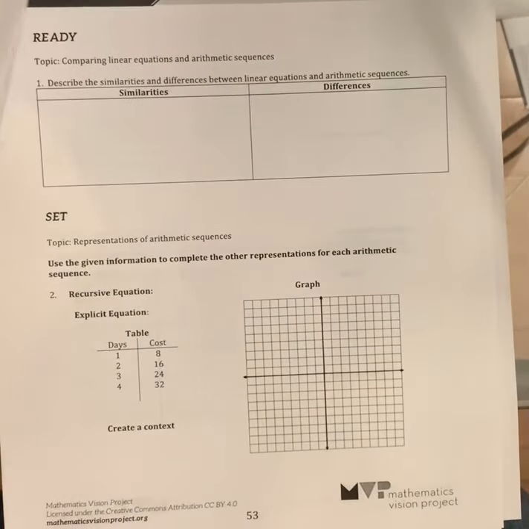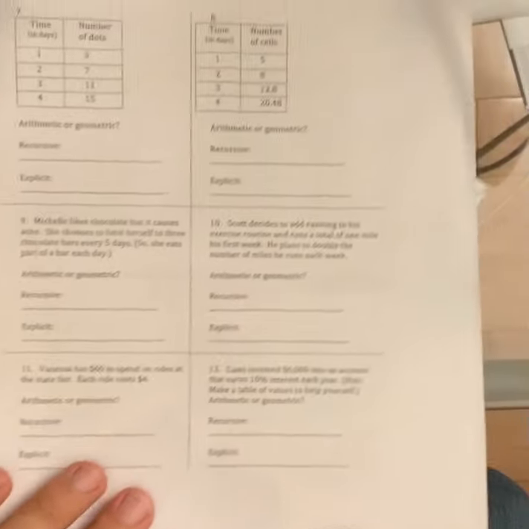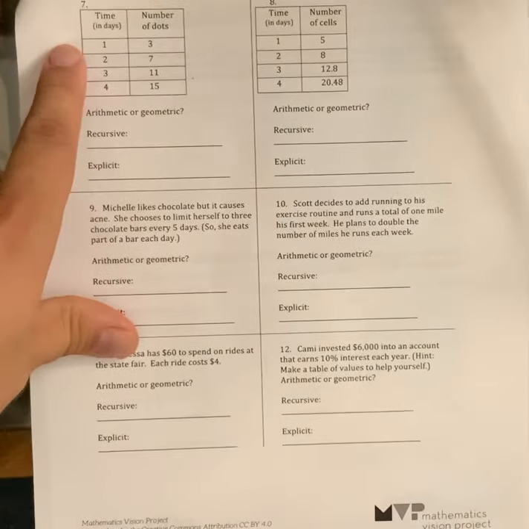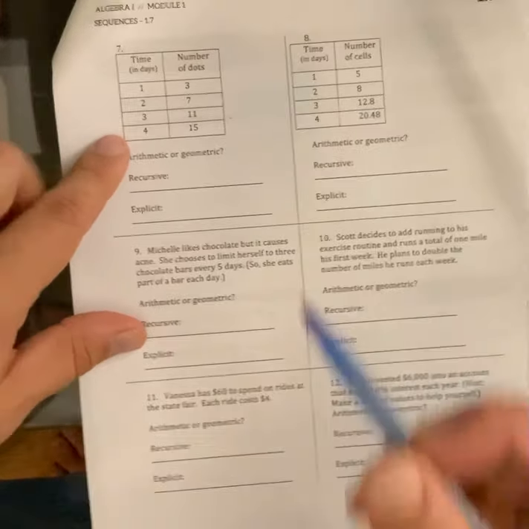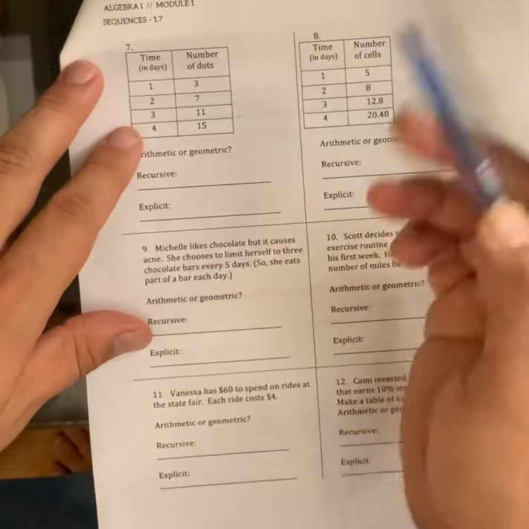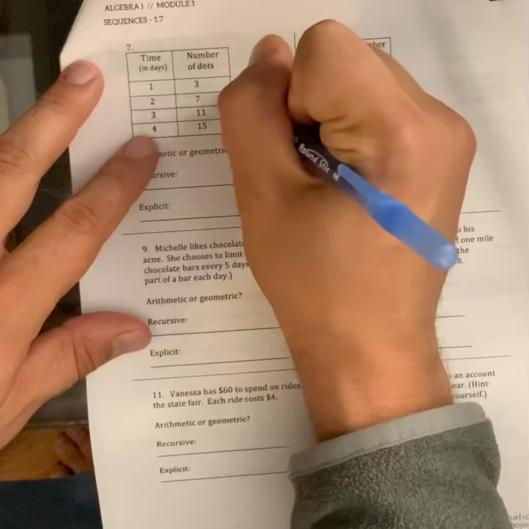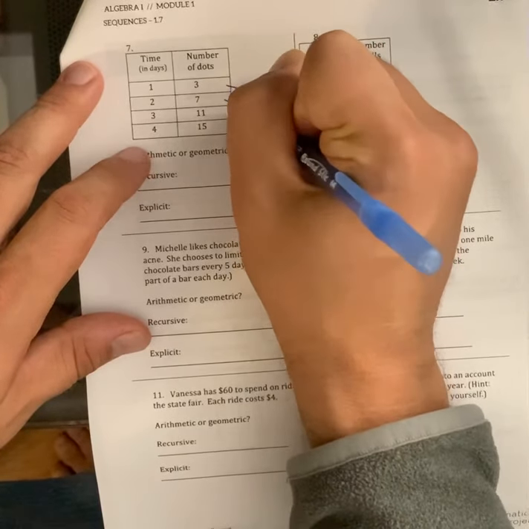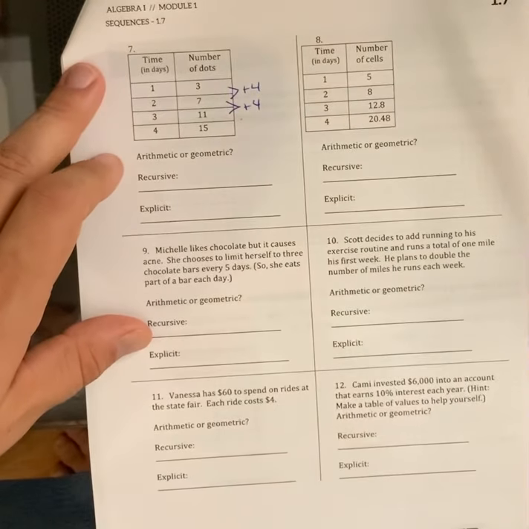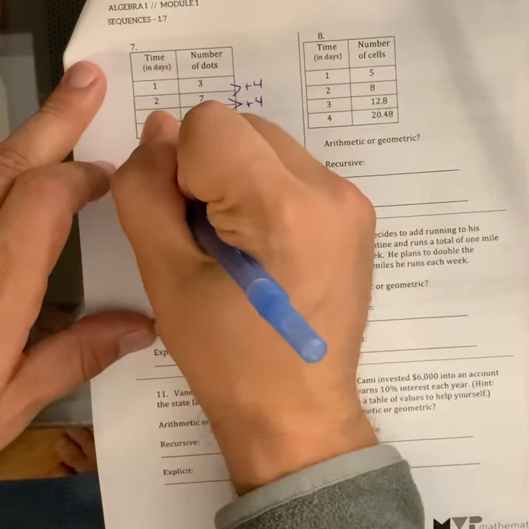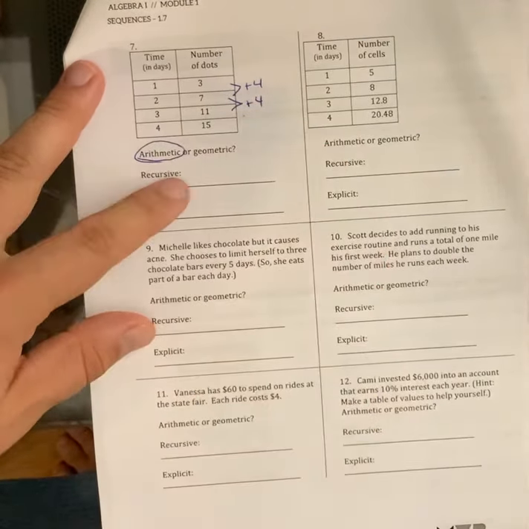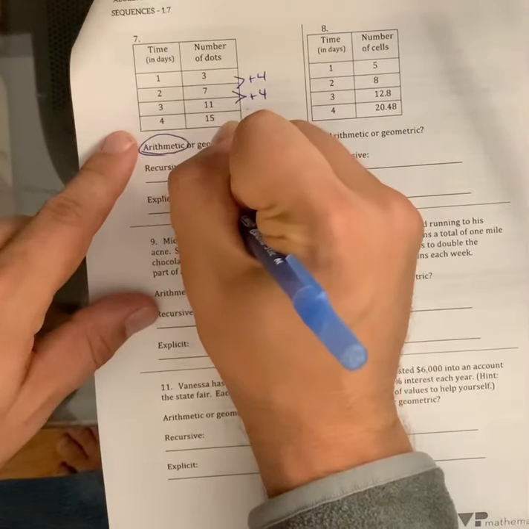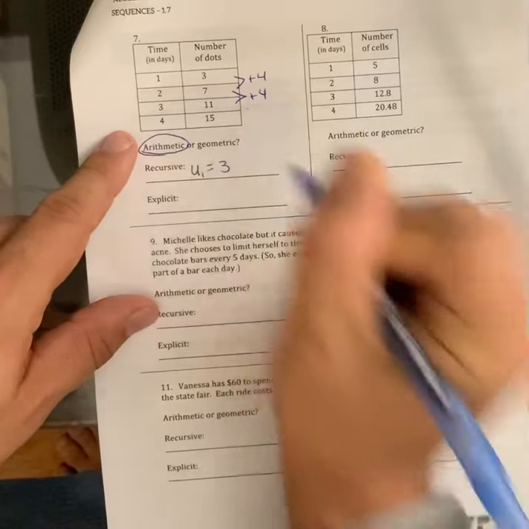And then in working through just a couple other problems. So down here, if I have a table, I notice that here we go from 3 to 7. I add 4. And I add 4. So this is going to be arithmetic. And then again, for an arithmetic equation, I define the first term. U sub 1 is 3.